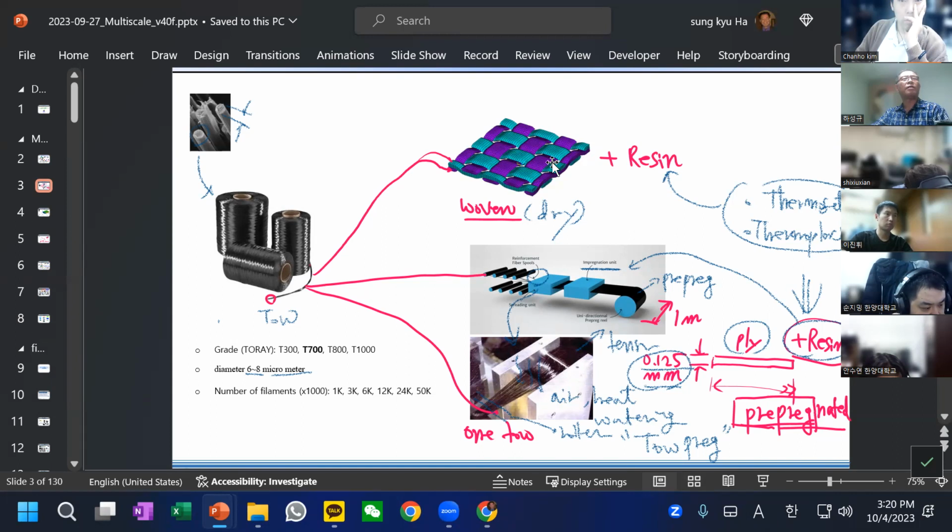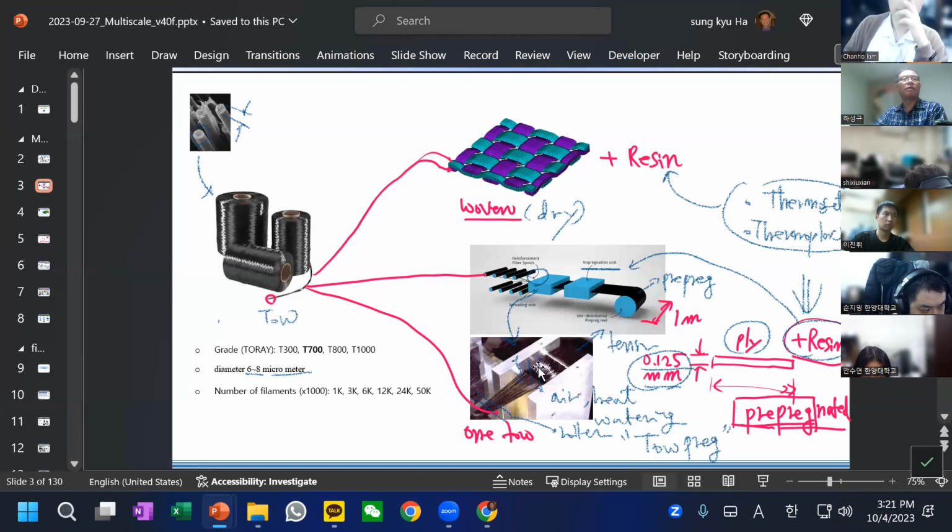So we can layer these dry fabrics on a mold, and then resin can be impregnated. Resin can be thermoset or thermoplastic. Another option is that a tow can be spread, and not just one tow. One tow can be spread and impregnated with resin, thermoset or thermoplastic.